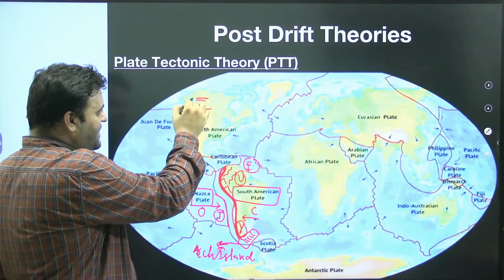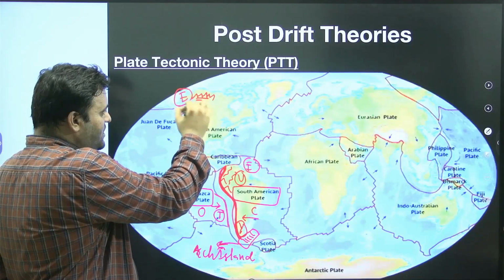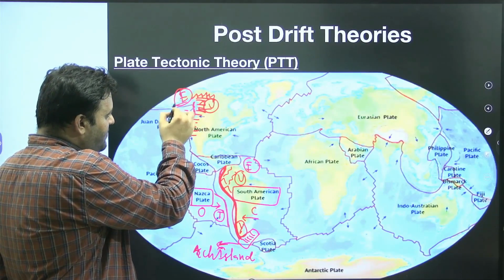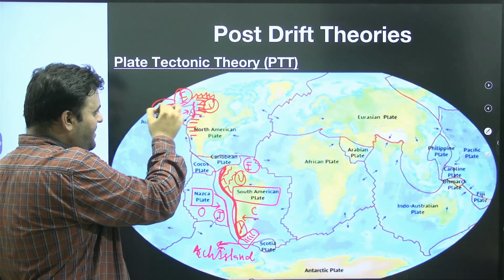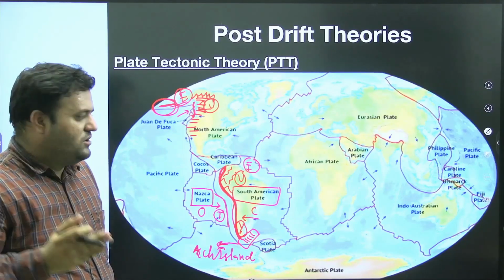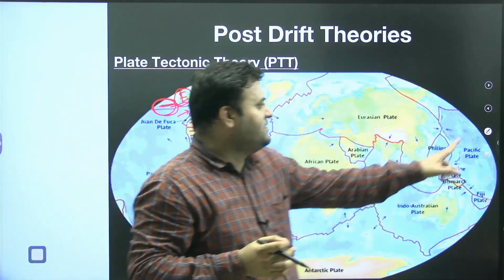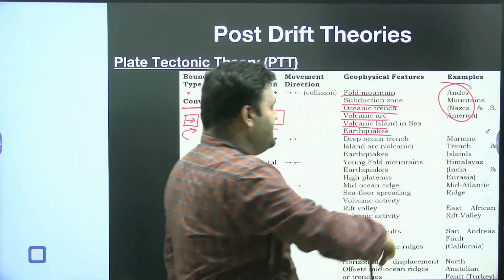Here you will see the Aleutian island arc. In mapping we'll have more. Here I'm just telling you examples, like the West Indies example.